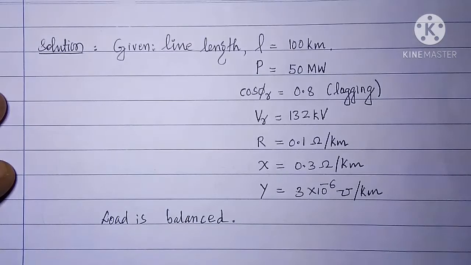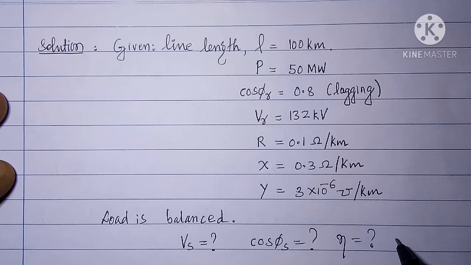Load is balanced. This is also one important information to us. We have to neglect leakage and we have to calculate sending end voltage, Vs equal to how much? Cos phi s, that is sending end power factor, is equal to how much we have to calculate? Efficiency and percentage voltage regulation also we have to calculate.